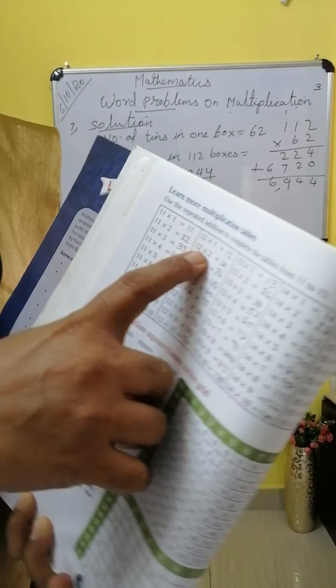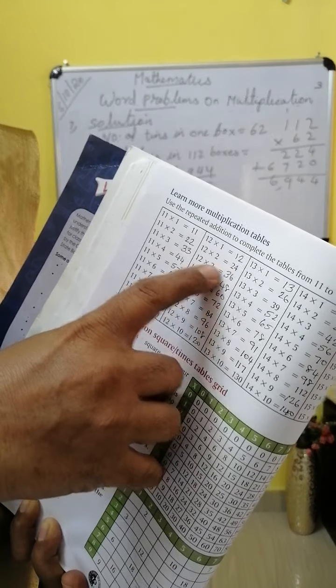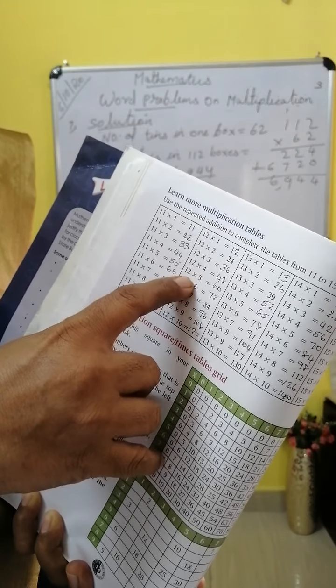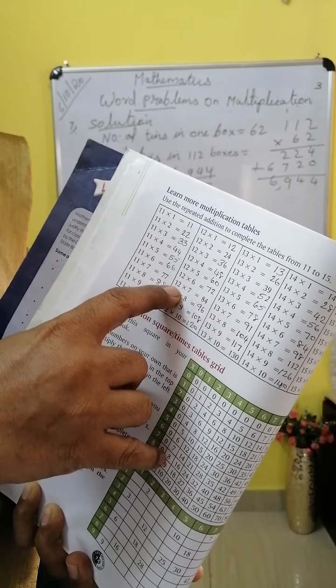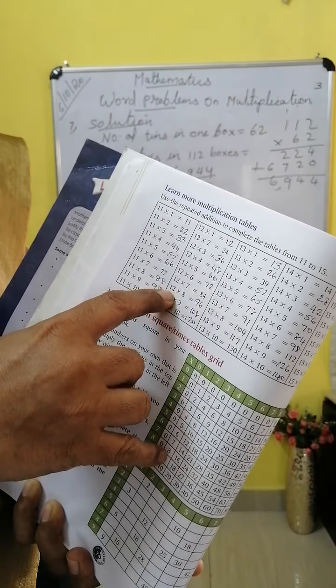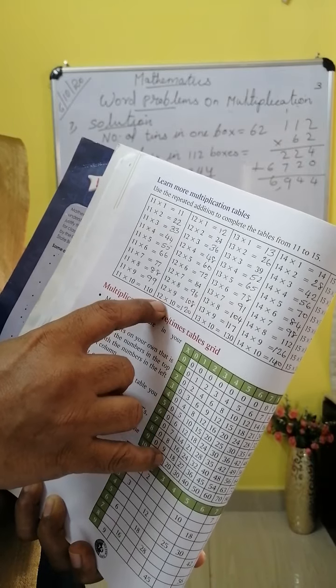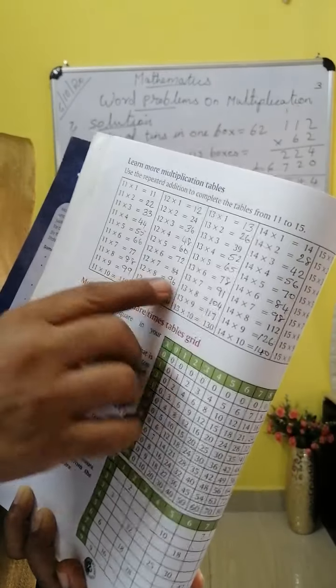Next 12. 12 ones are 12, 12 twos are 24, 12 threes are 36, 12 fours are 48, 12 fives are 60, 12 6s are 72, 12 sevens are 84, 12 eights are 96, 12 nines are 108, 12 tens are 120. You write everything in the textbook.